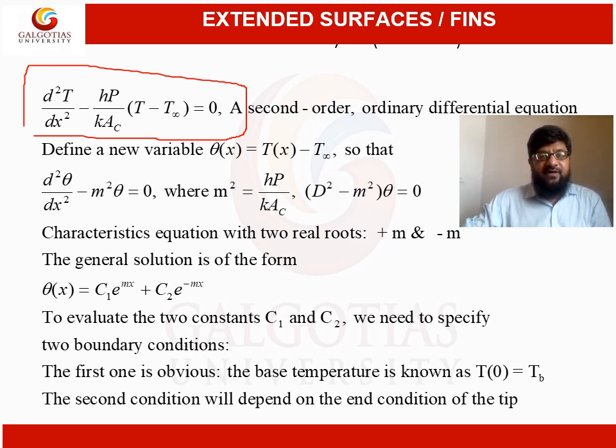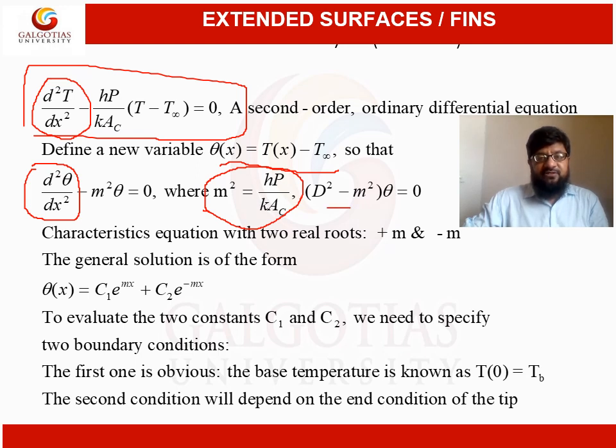So now let us define another variable theta, which is varying in the x direction and can be given by T(x) minus T infinity, where T(x) is the temperature at a location x from the base. So this double derivative becomes d squared theta by dx squared, and we define our new parameter m like this.